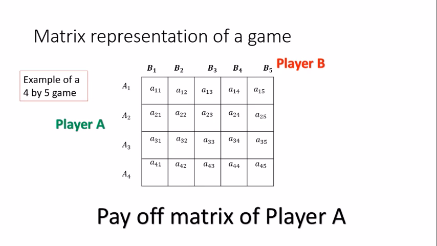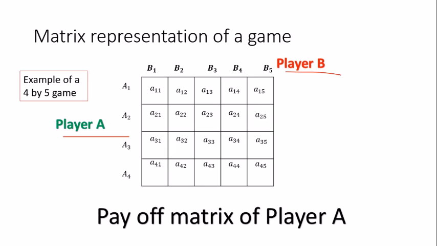Player A is usually represented by the rows and player B by the columns. It's not a fixed thing; the order may be changed, and the names of the players also do not matter, whichever you want to call A and B. It's just by convention that player A is this side and player B is this side. Even if you find that changed in some example, that does not matter.